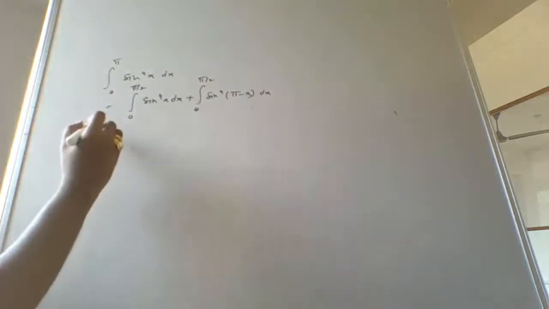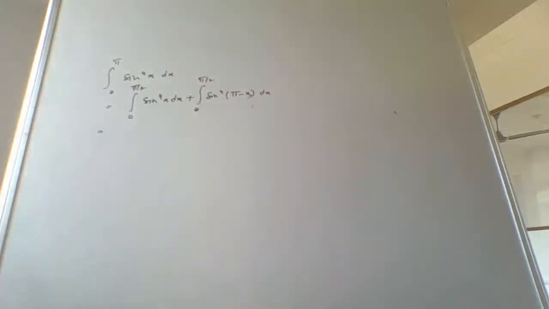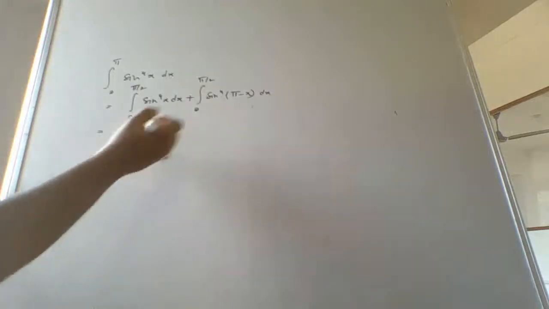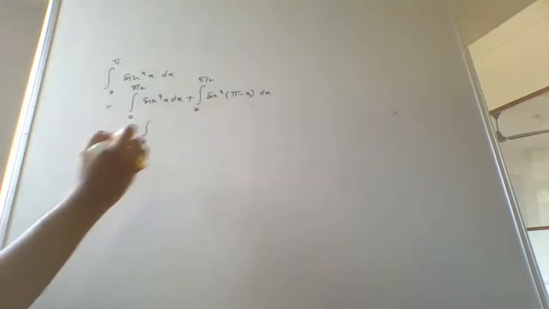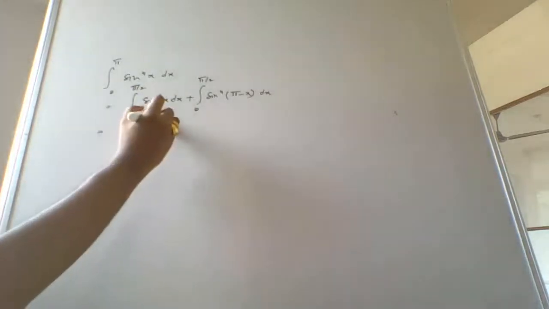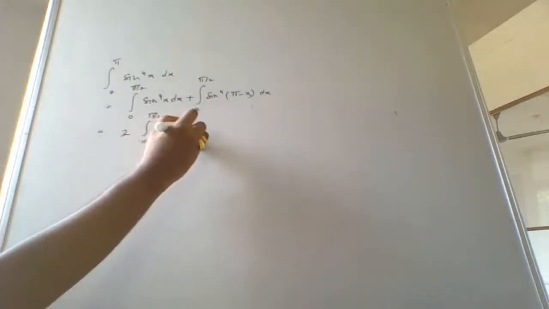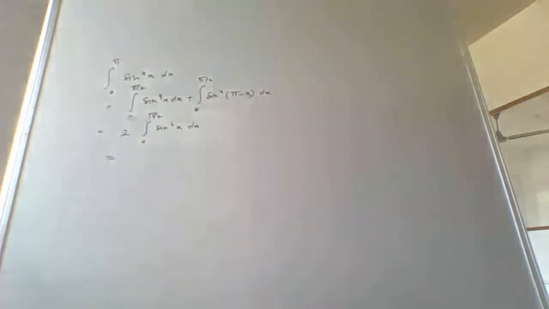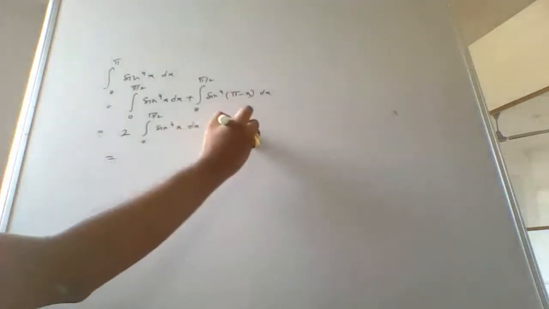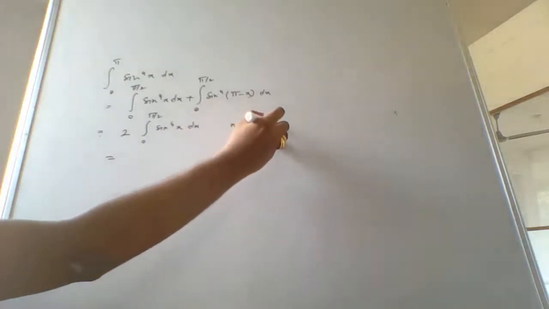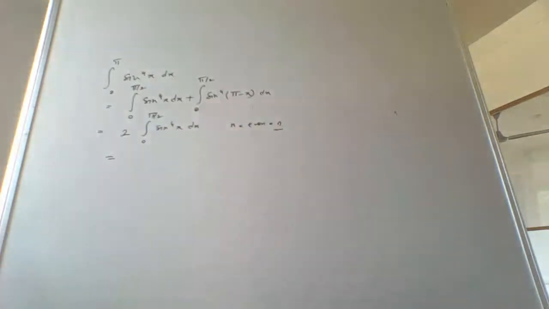Let's try to solve this here. Now since it's the same, I can put 2 times the integral from 0 to pi by 2 of sine power 4 x dx. Now I'll be using the formula which I have said. Here n is even; n is 4, which is even.